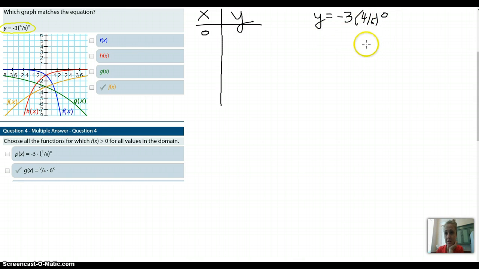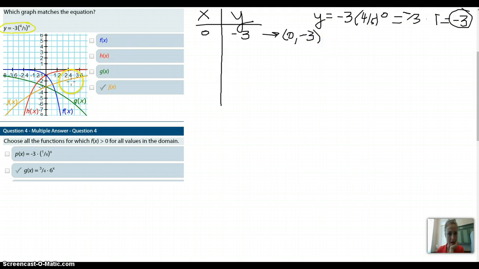We know that anything to the 0 power is 1. So this is going to be negative 3 times 1, which is just equal to negative 3. So when x is 0, we get that y is negative 3 in our real function. This, of course, corresponds to the point 0, negative 3.